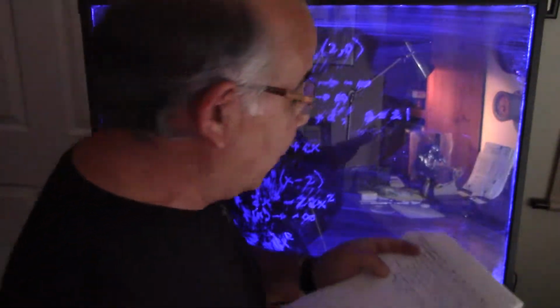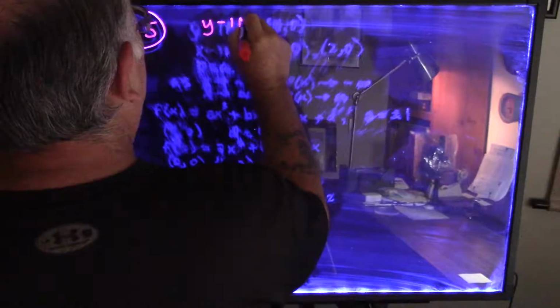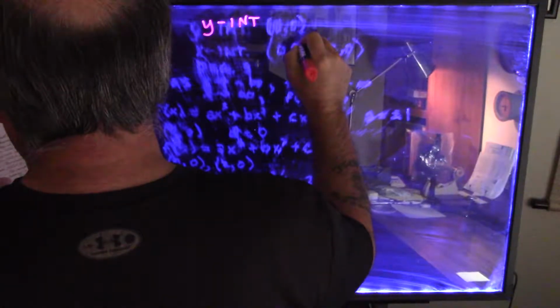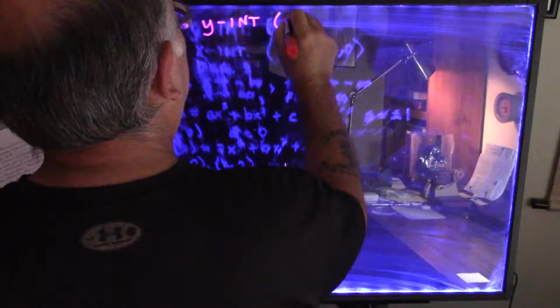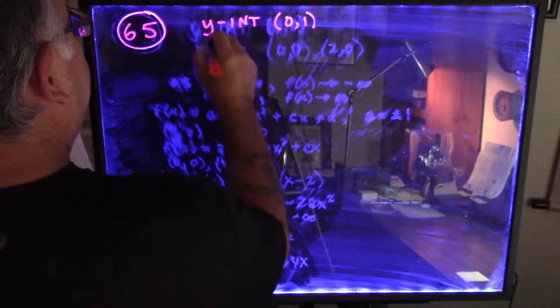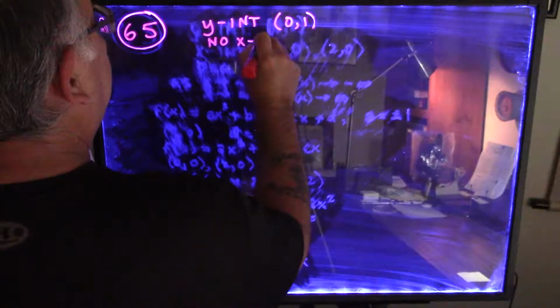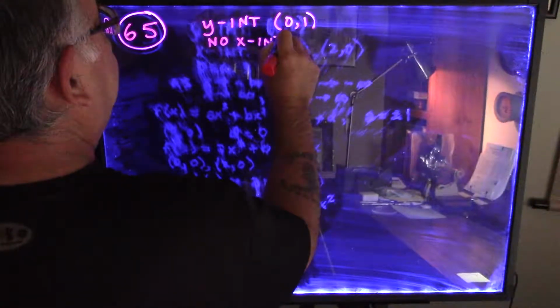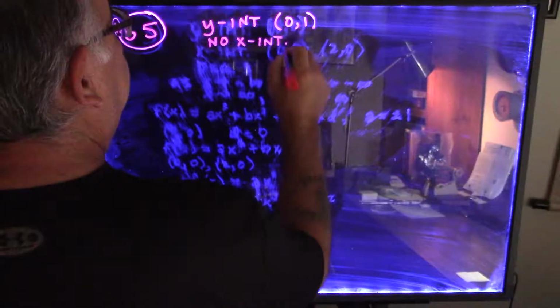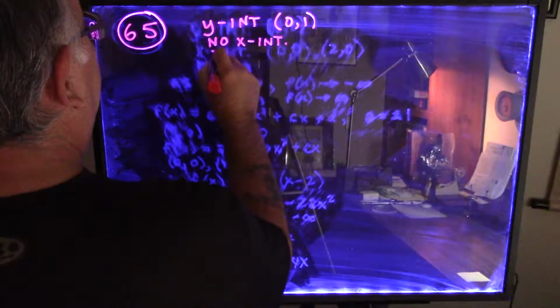Number 65, we have a y-intercept at 0, 1. No x-intercepts. So in other words, it never touches the x-axis. All right. The degree is 4.